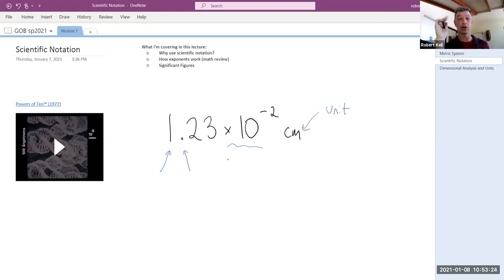If I say, how tall are you? And I go 6.2. 6.2 what? Meters, feet, whatever. Now, obviously, if you say how tall is somebody, you kind of know you're talking about feet. And if they say 1.8, they're probably talking about meters. But that's your assumption. So you need to have units all the time.